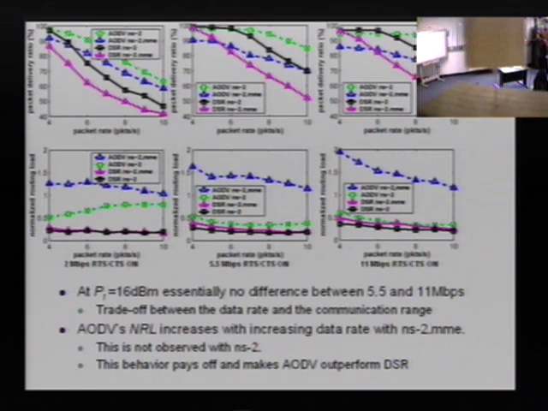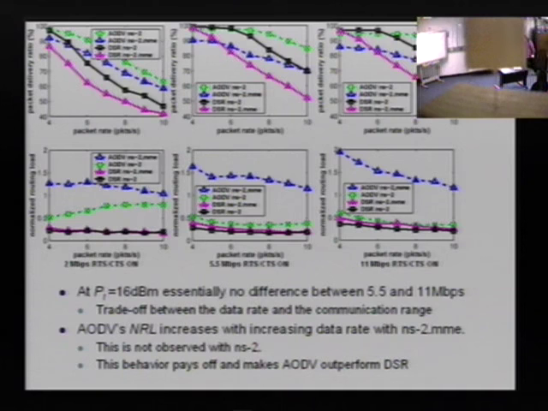When we increase the data rate, we see that there is a trade-off between data rate and communication range. For example, 5.5 megabits per second and 11 megabits per second perform almost the same. 5.5 megabits per second has a higher range but lower data rate. 11 megabits per second has a higher data rate but lower range.